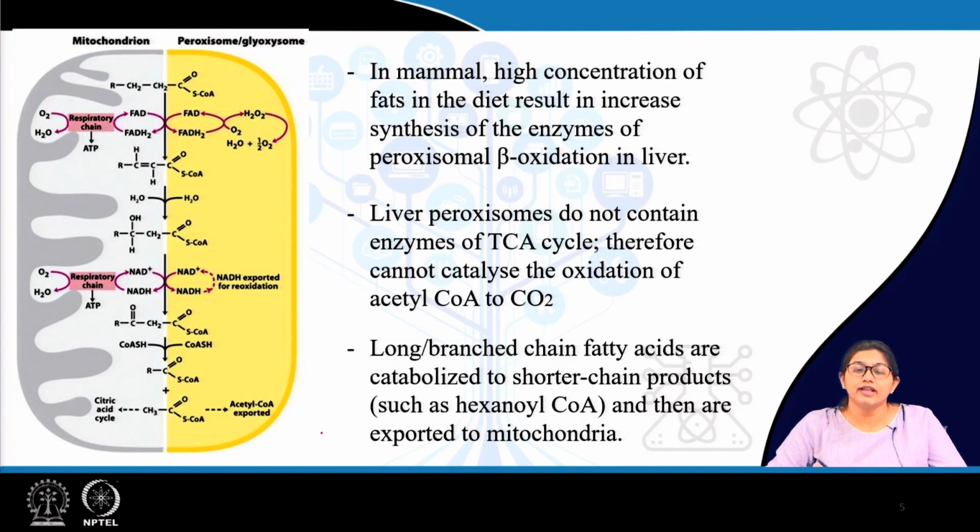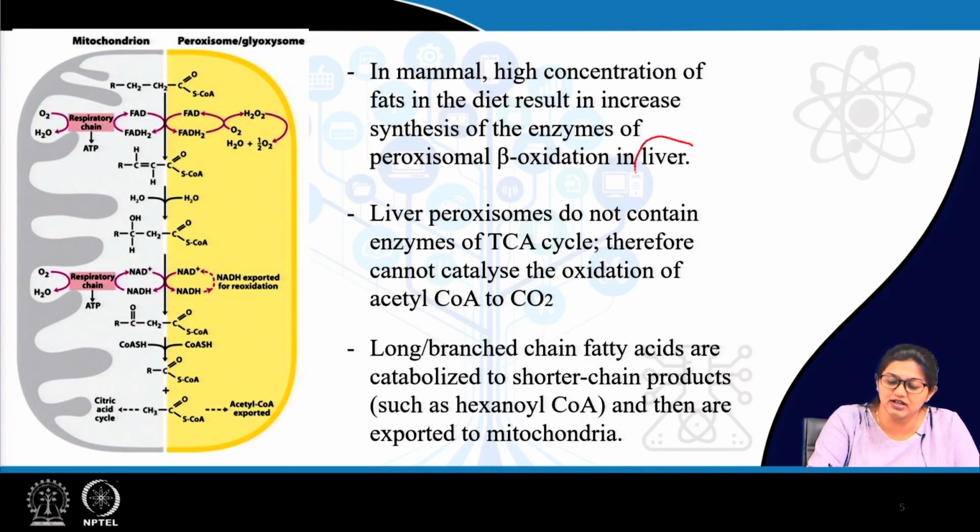Now, when there is excess branched chain or very long chain fatty acid ingestion, that is, a high concentration of this type of fat in our diet, it has some effect on peroxisomal beta oxidation located in the liver. The enzymes related to peroxisomal beta oxidation are increased. Now, what happens, since this peroxisome does not contain the TCA cycle?